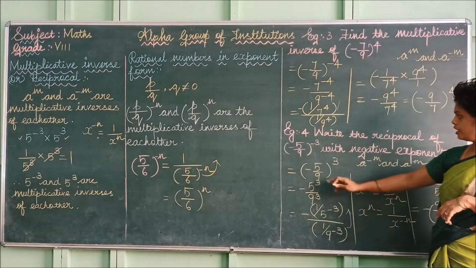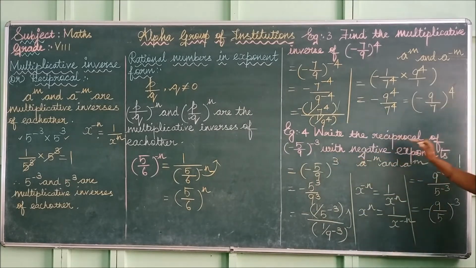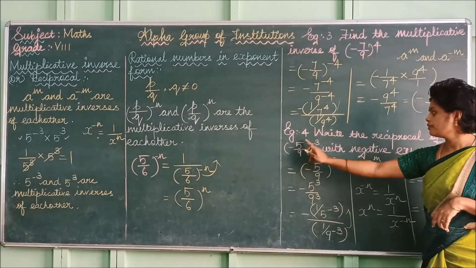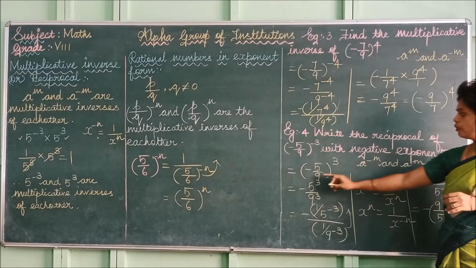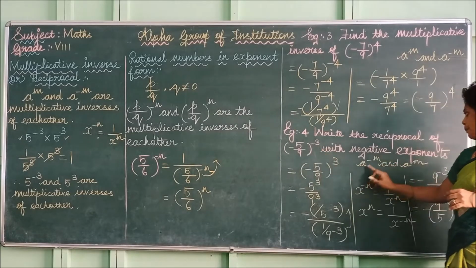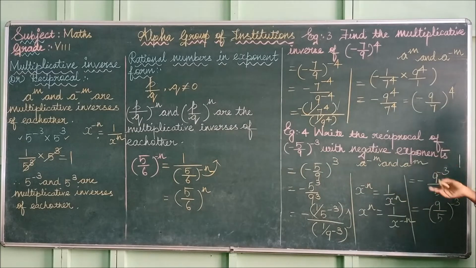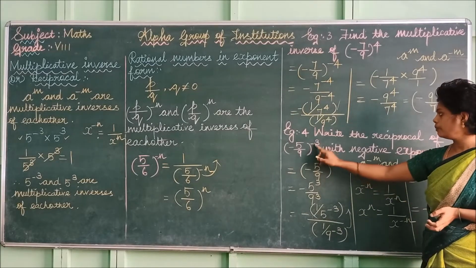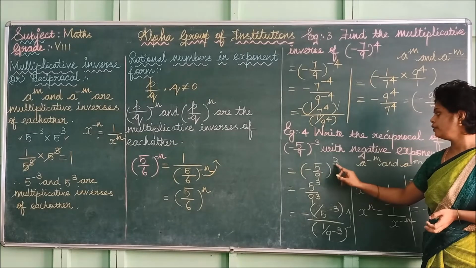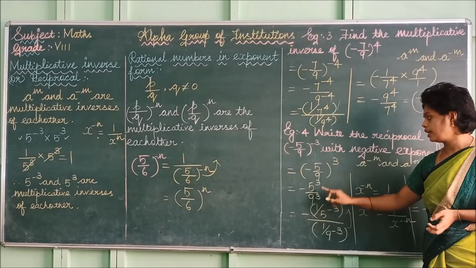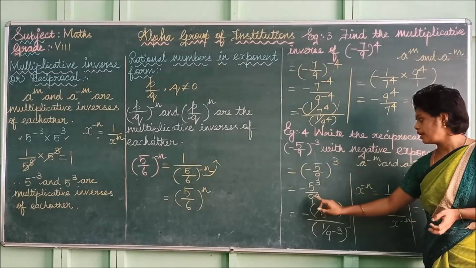So listen carefully. Write the reciprocal of (-5/9)^(-3) with negative exponents. You can write a^(-m) and a^m are the multiplicative inverse or reciprocals of each other. Using that, minus 3 becomes positive, (-5/9)^3. You can split and write the powers, 5^3, 9^3.